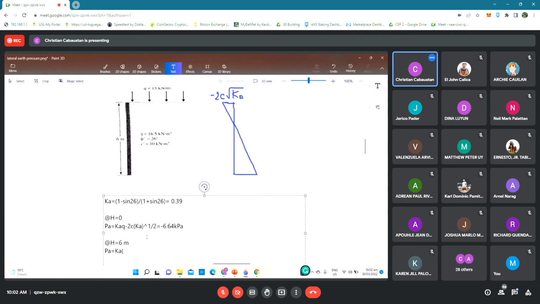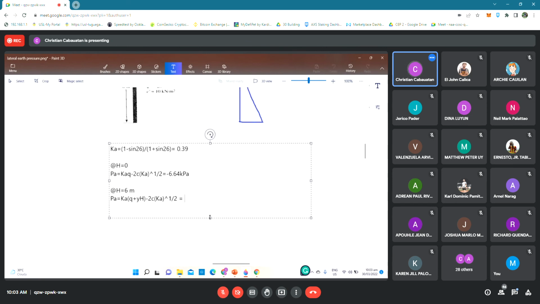To determine its PA, it is just equal to your Ka times the quantity of your Q, plus gamma times H, minus 2 times your cohesion, times the square root of Ka. Therefore, input all the data given.